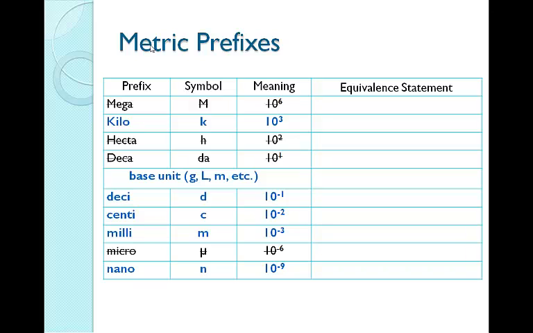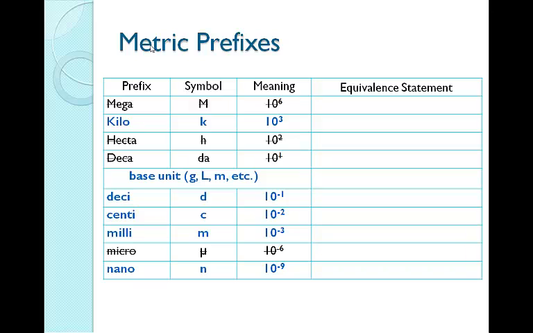Here are the metric prefixes that we are going to focus on in this class. I've actually listed all of the main ones here, but you can see some of them are crossed out. You do not need to memorize those, although they are also important, but the primary metric prefixes that you will encounter in chemistry are kilo, base units, which could either be grams, liters, meters, any of those units we just talked about.